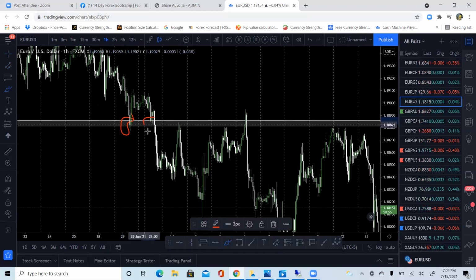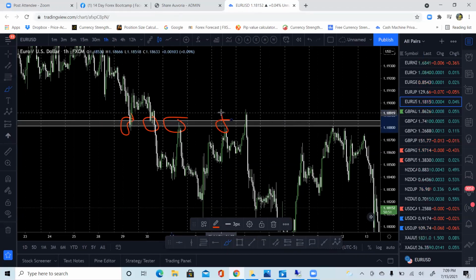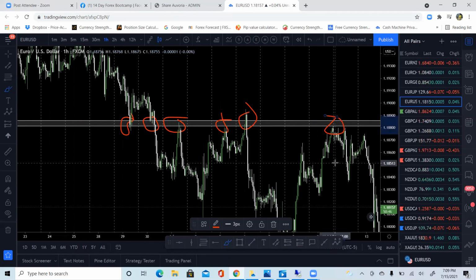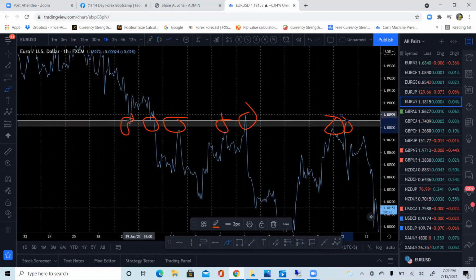See those little reactions in that zone telling me that things happen when price reaches this zone. We can even include this one as a second touch. So things happen when price gets into that zone. Like say if it's harder for you to recognize it, you just go down to the line chart and it'll give you those little areas where price makes that little pivot from around that level.